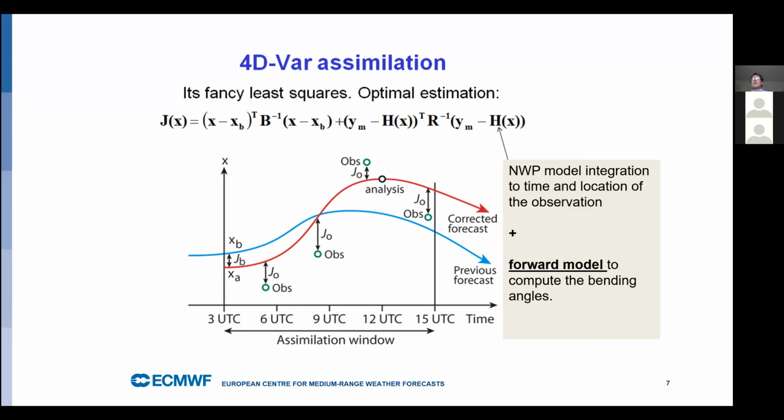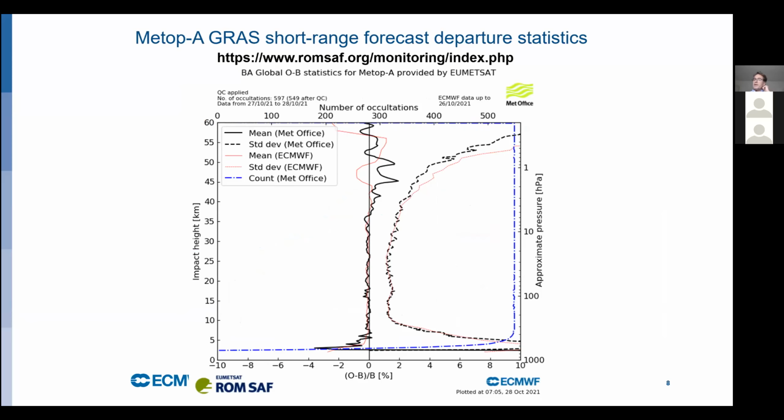Now, the radio occultation data has quite interesting properties, and I think this monitoring plot that I downloaded today from the ROM SAF monitoring pages is quite interesting because it shows you where we expect to see the biggest impact from radio occultation. This particular plot shows the departure, the difference between the observed bending angle and the forward model bending angle from a short range forecast.